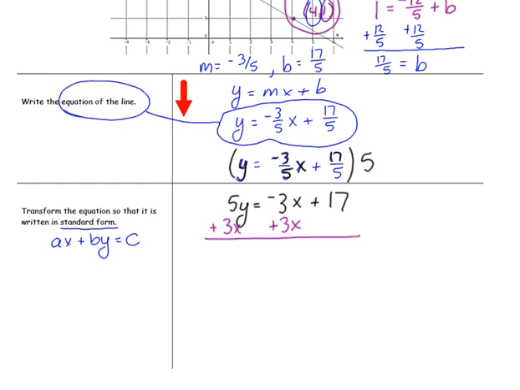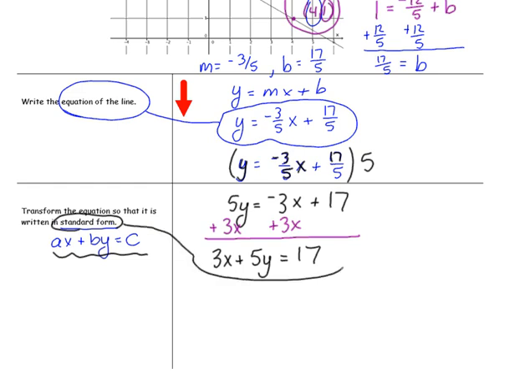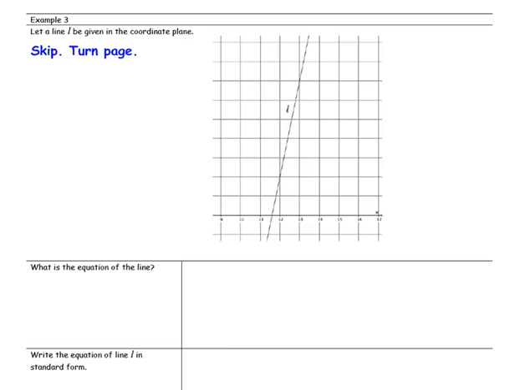This will put our equation in the correct order: 3x plus 5y equals 17. This is in standard form. A, b, and c are integers. A is not negative. So this is the standard form for the equation of the line on the graph above. We're going to skip example 3 for now.